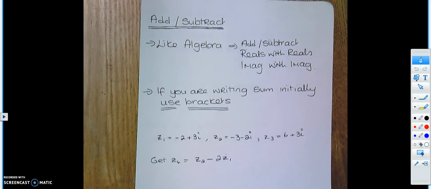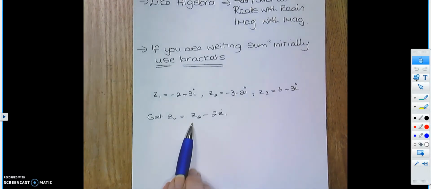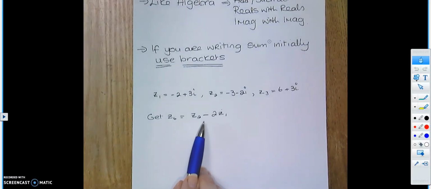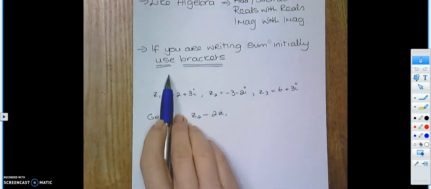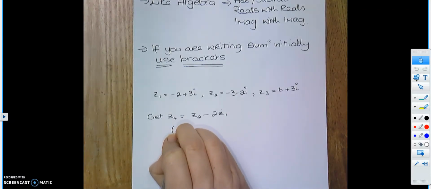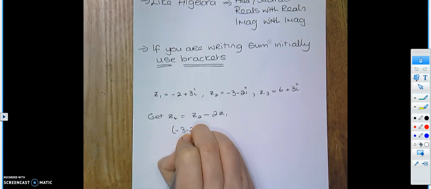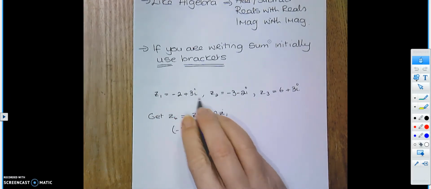So if, for example, the sum said you had Z1 being equal to minus 2 plus 3i, Z2 being equal to minus 3 minus 2i, and Z3 being equal to 6 plus 3i, and they asked you to get Z4, and what they're telling you is that Z4 is Z2 take away 2Z1. So you write it out using brackets. Instead of writing Z2, you write down bracket minus 3 minus 2i, put your minus sign down, 2, and then your Z1.